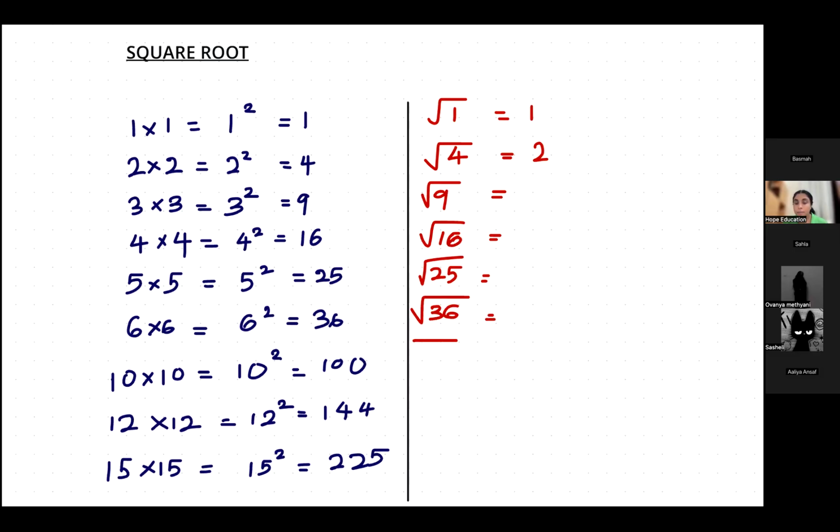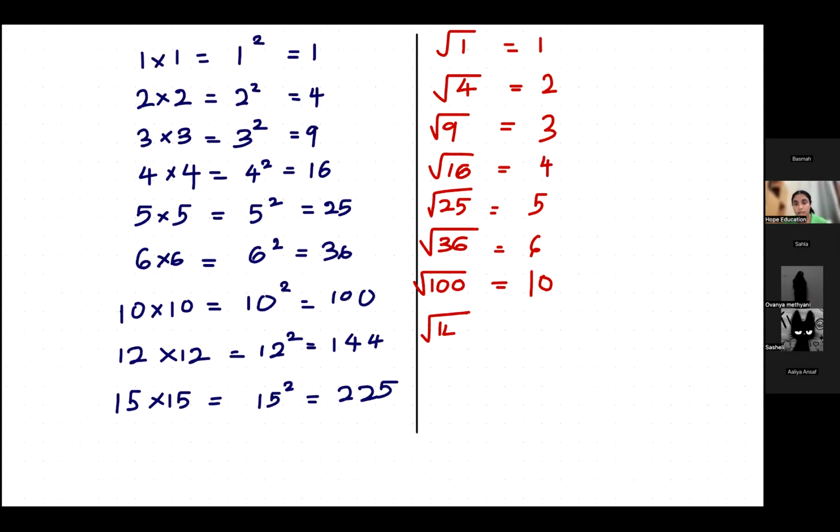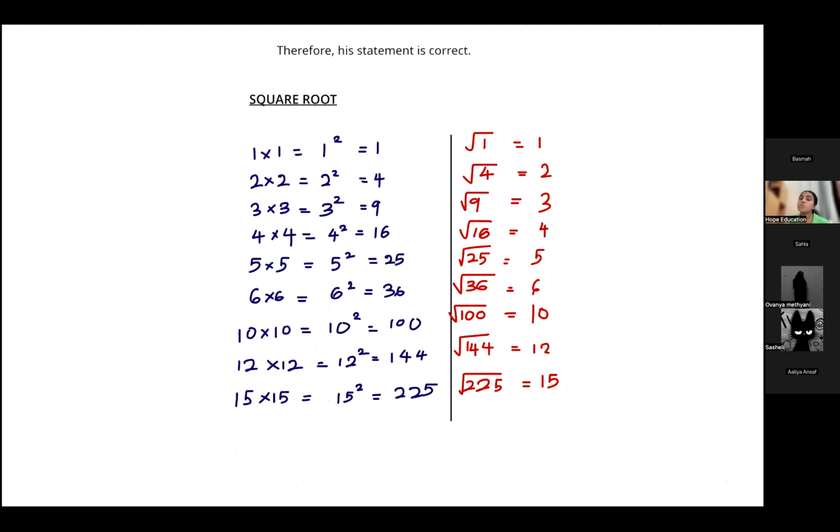Likewise, you can get the square root answer easily. 10, and then 144 ගේ square root එක 12, and then 225 ගේ square root එක 15, and so on. Okay. So this is what we already know about square roots.